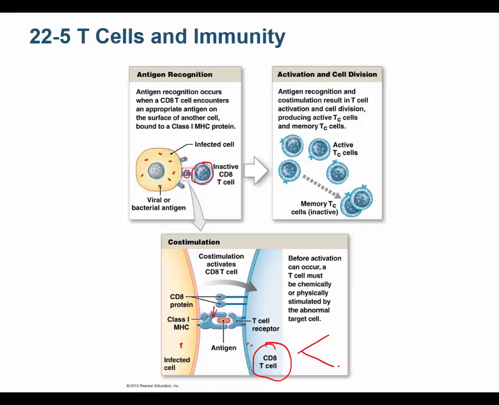So these are going to release two things: granzymes, which are enzymes that help kill that cell, and perforins. Now, the perforins are similar to the perforins you learned about in natural killer cells. They are similar, and they do perforate, but they're not exactly the same. So T cytotoxics release granzymes and perforins that kill this cell that's infected or a cancer cell.